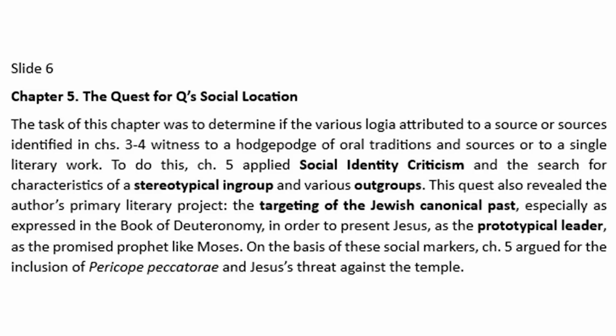Are they coming from oral tradition? Are they coming from multiple sources? Are they coming from a single source? And this is where the quest for Q's social identity becomes so important.